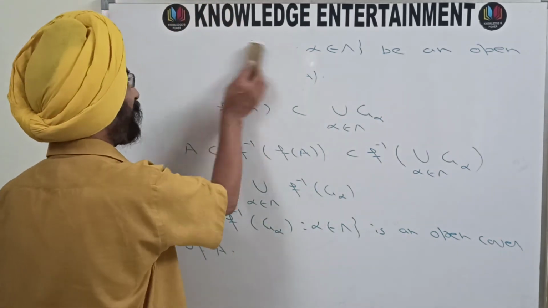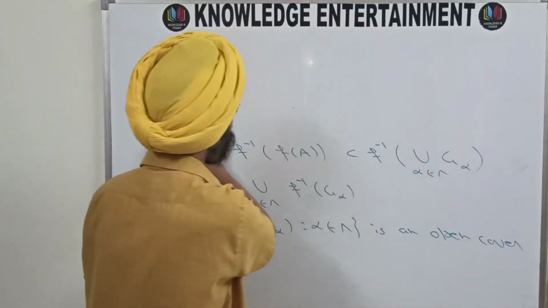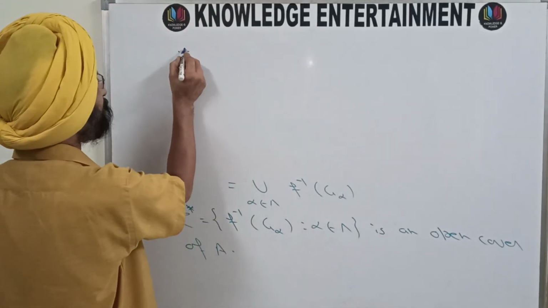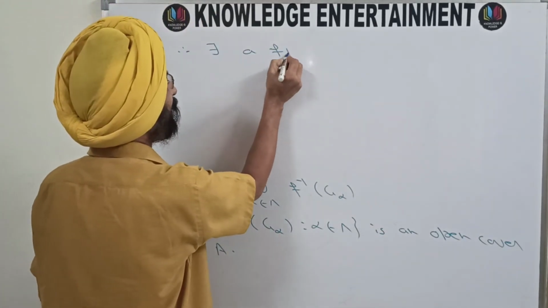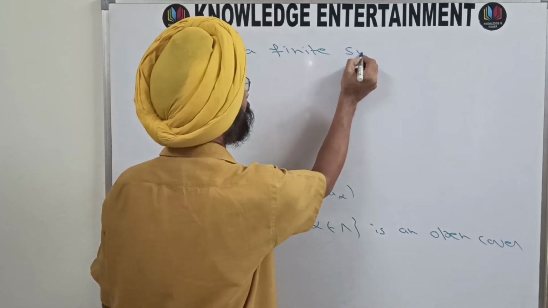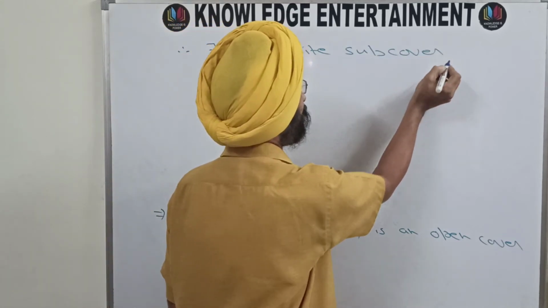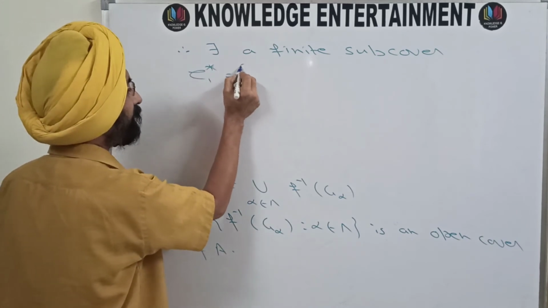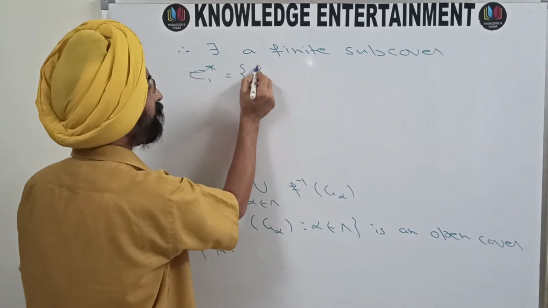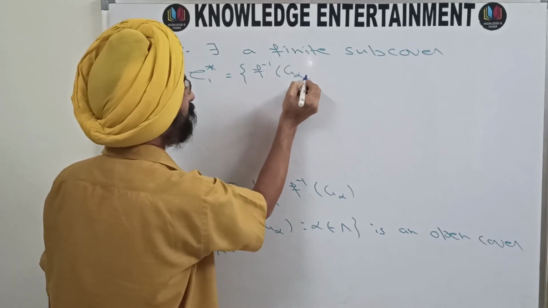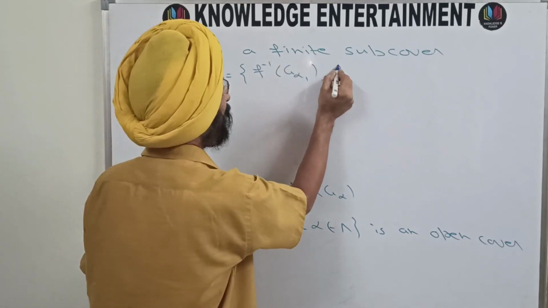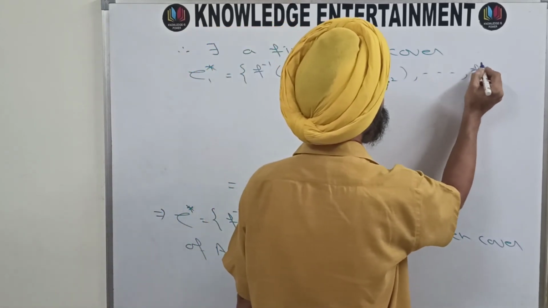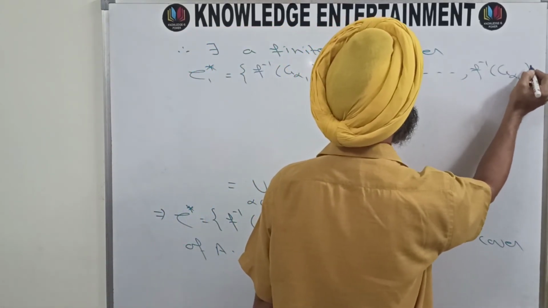So there exists a finite subcover, C1 star you can say, containing members of the type F inverse G alpha 1, F inverse G alpha 2, and so on, F inverse G alpha n.